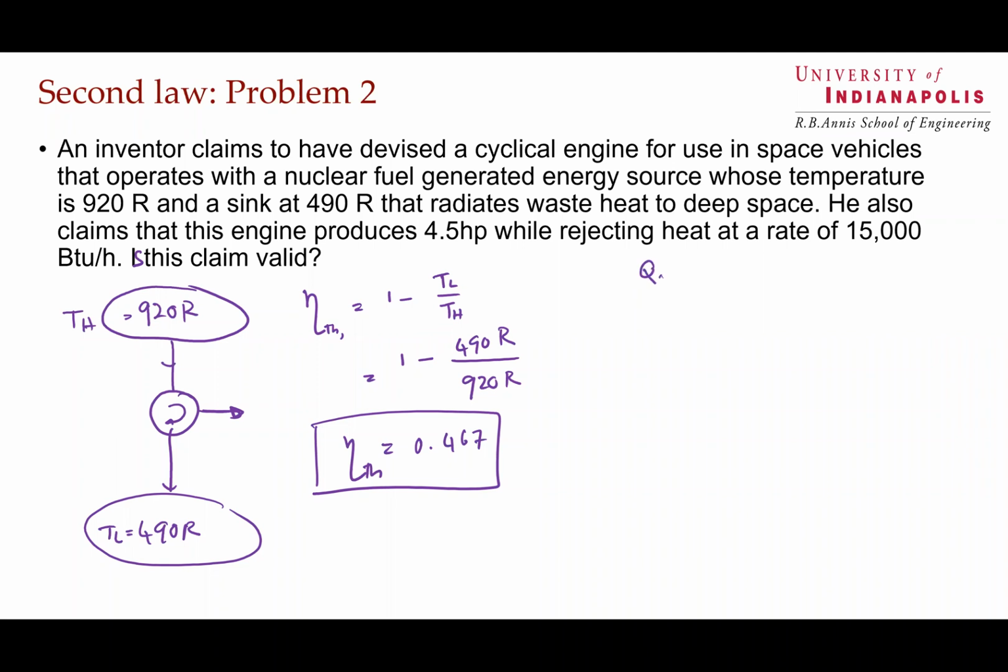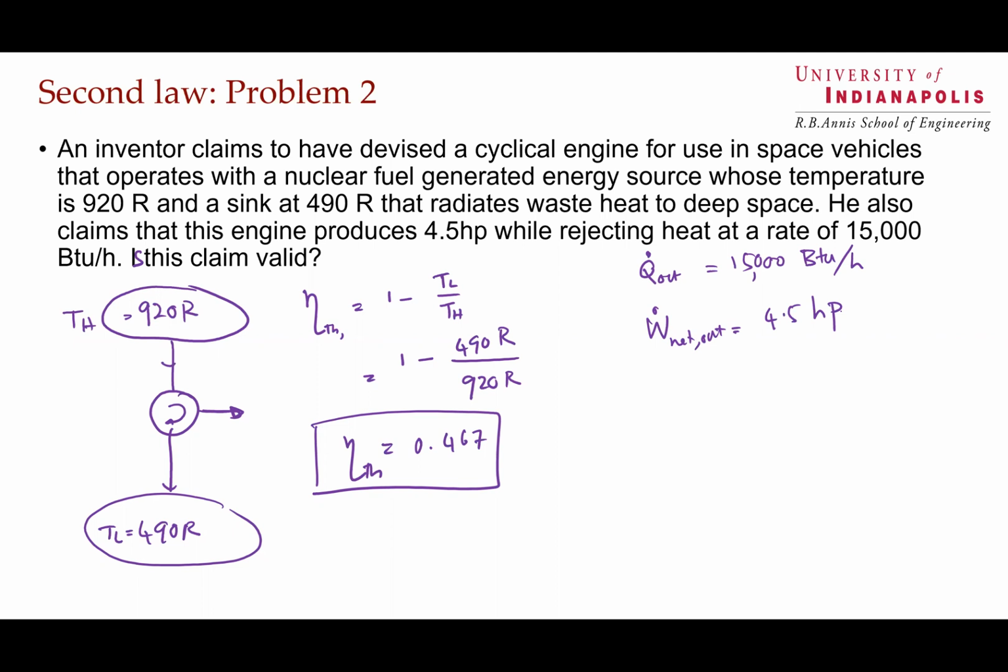Now let's find out his claim. Q dot out is 15,000 BTU per hour, and it produces net work, W dot net out, of 4.5 horsepower.